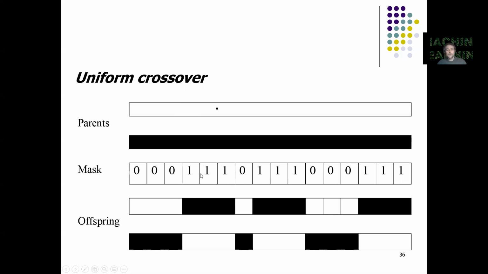When it is 1, we pick the genes from the second parent. 0 again, we pick the gene from the first parent, and we continue like that. And in this way, we produce the 2 offspring. Okay.